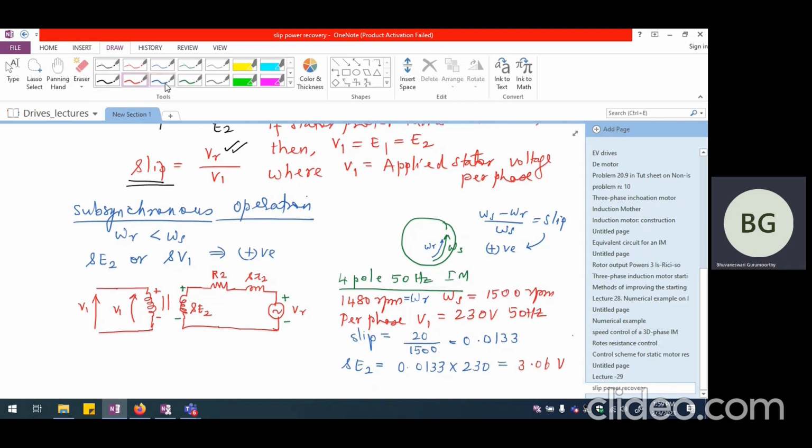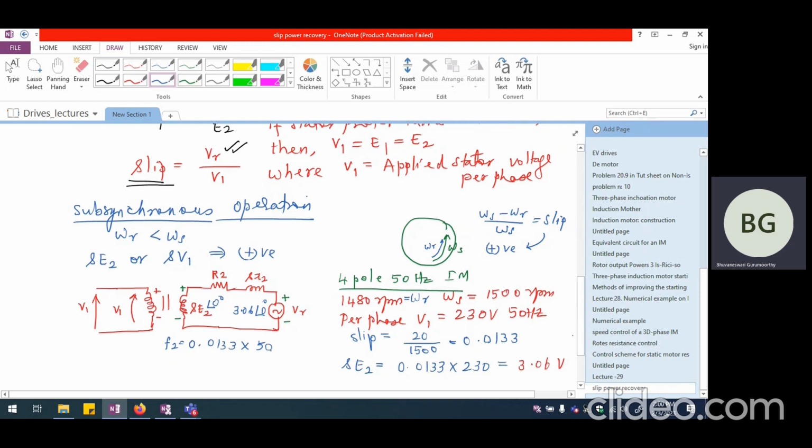So if I try to pump in a voltage of 3.06 volts exactly in phase, if I say that its phase angle is 0 degree, this phase angle also should be 0 degree. And if I try to calculate the frequency, F2 will be 0.0133 multiplied by 50 Hertz.